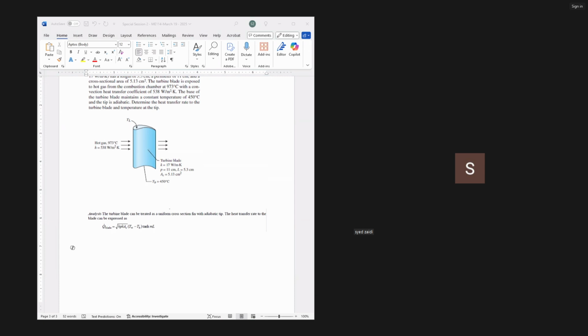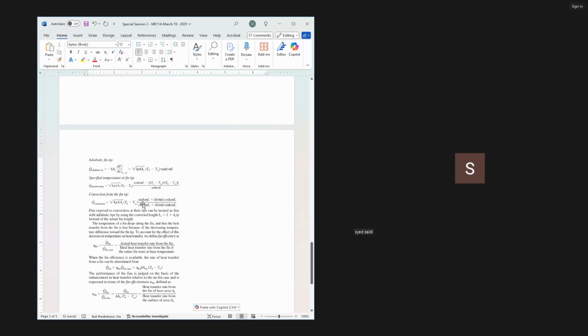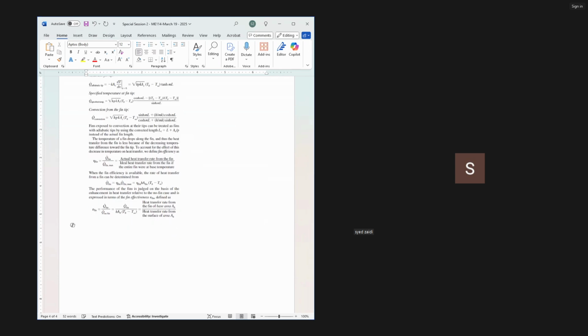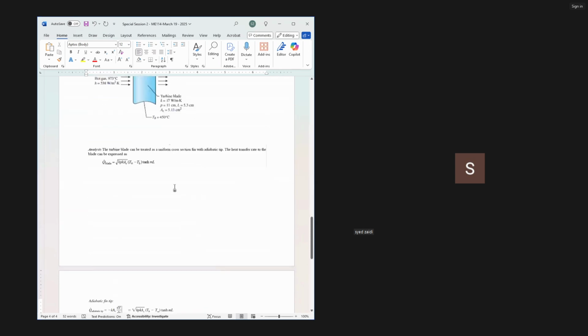So if you go to the end of the chapter, there are efficiencies and these things given here, right? The adiabatic fin is given by this equation, square root of HPKAc times (T infinity minus TB) times tanh ML. So all the formulas are given, but you have to choose the correct formula.